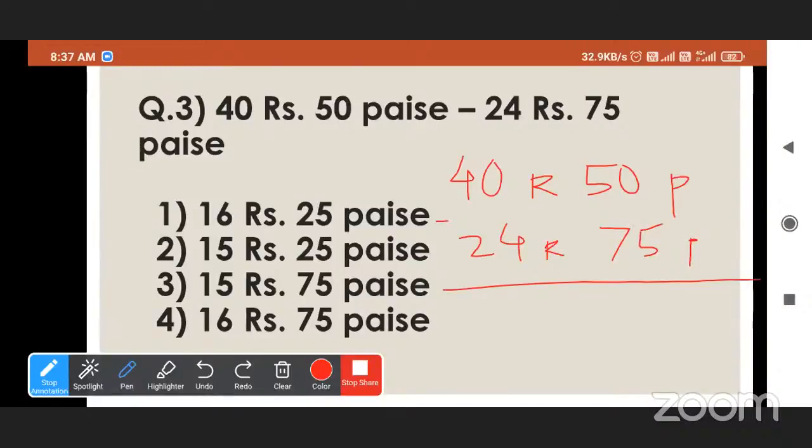Which option is right? We cannot subtract 75 from 50 paisa. So we will take 1 rupee from 40 rupees. 1 rupee is equal to how many paisa? 100 paisa. So it becomes 39 and it becomes 150.